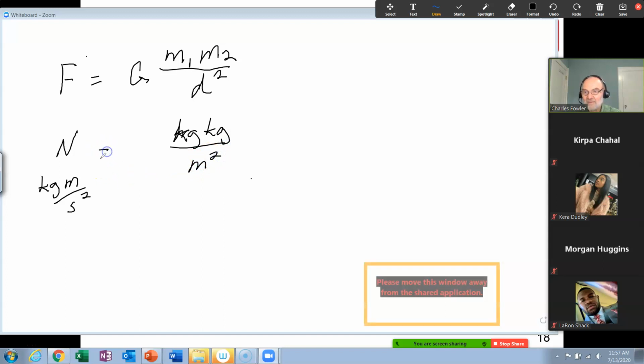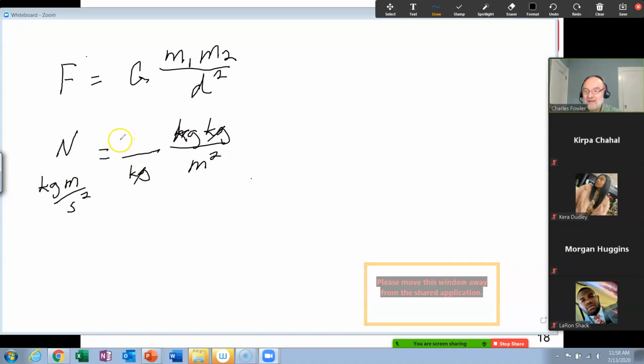So, in order to make the units make sense, this G has to have a per kilogram in it, so it can cancel one of those out, and then you have kilogram on this side, kilogram on this side.